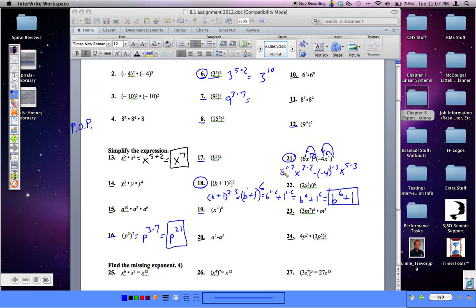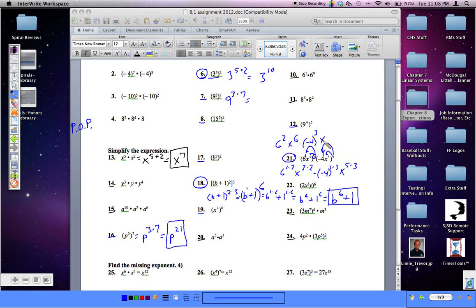And now let me simplify these up top. We'll have 6 to the 2nd, because 1 times 2 is 2. X to the 6th, because 3 times 2 is 6. And it's all being multiplied with negative 4 to the 3rd, because 1 times 3 is 3.